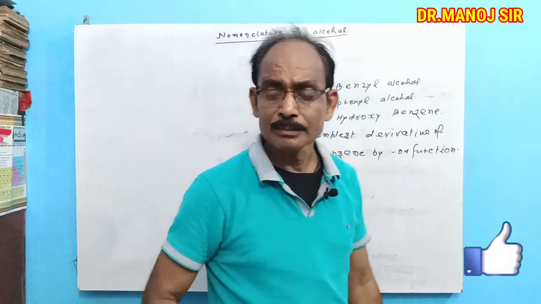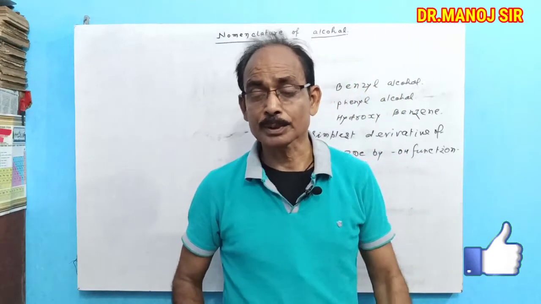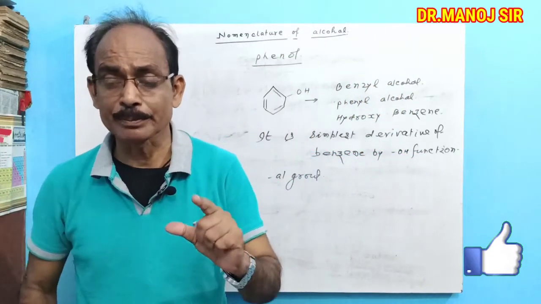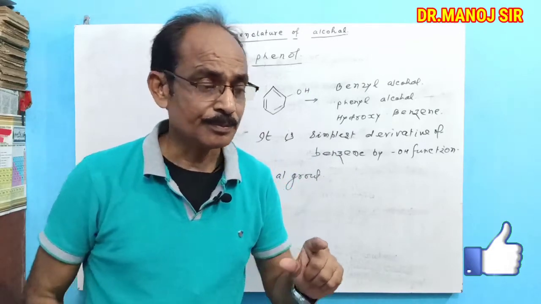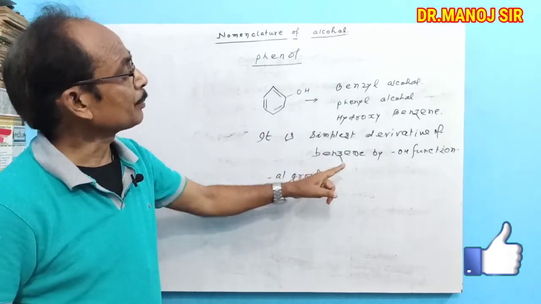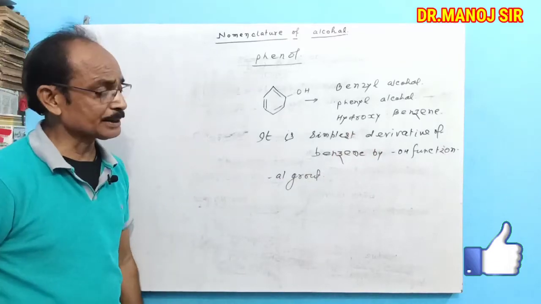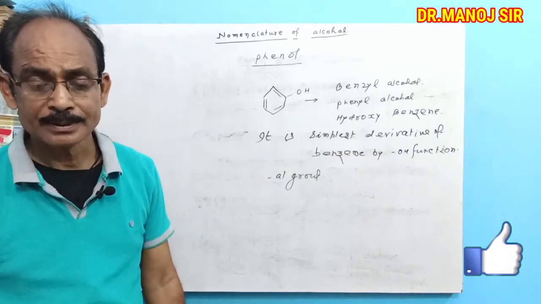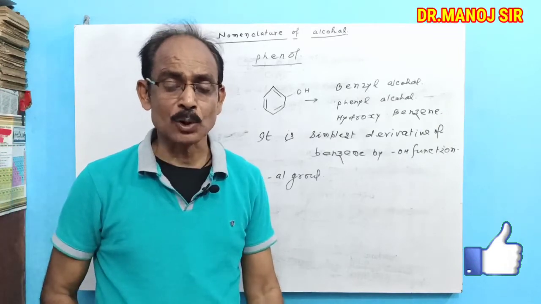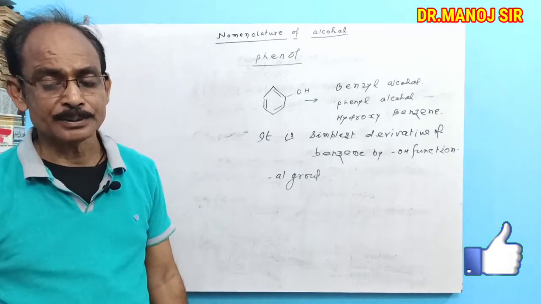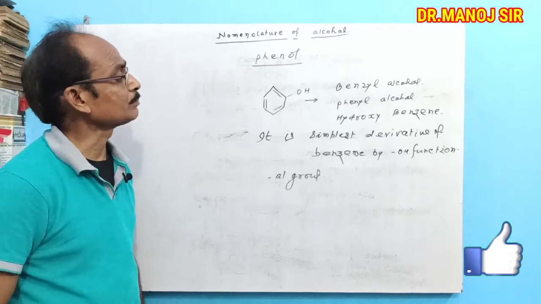For example, phenol is the first derivative of benzene with the functional group OH. The second derivative of benzene is catechol, that is benzene 1,2-diol.